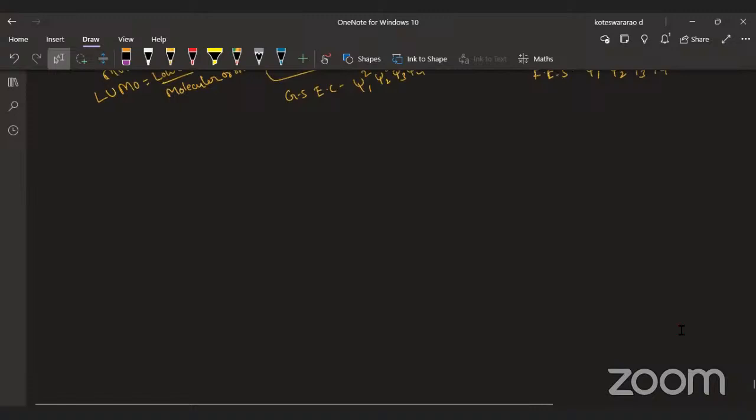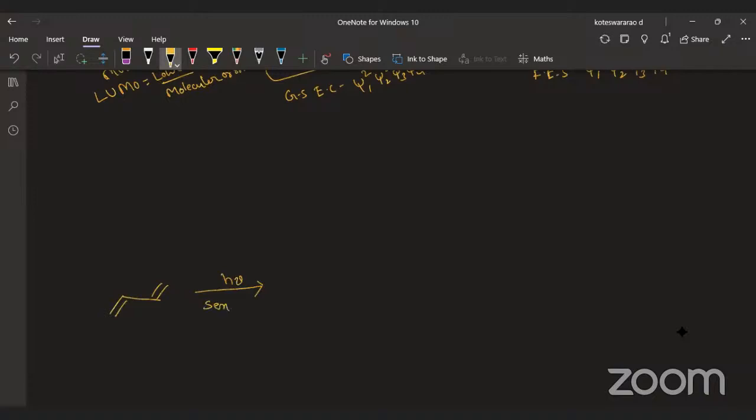First, I am starting with the S-trans isomer. Here I am going to take the S-trans. It will be irradiated. It is not direct irradiation. It is irradiation of the starting material in the presence of a sensitizer.